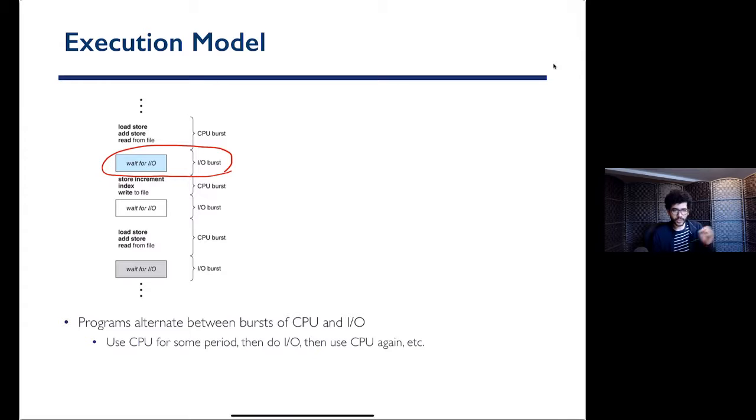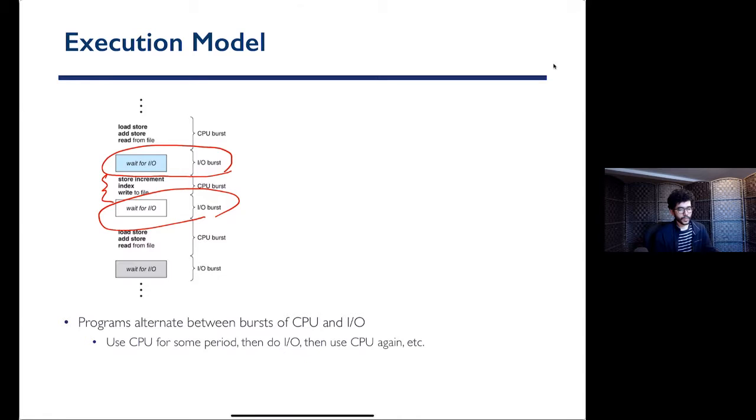And at some point, whatever you're waiting for is done, and then you come back, and then you will have another CPU burst. So then you start again using the CPU or needing the CPU until again something happens and you don't need the CPU anymore. So that's what we're going to focus on.